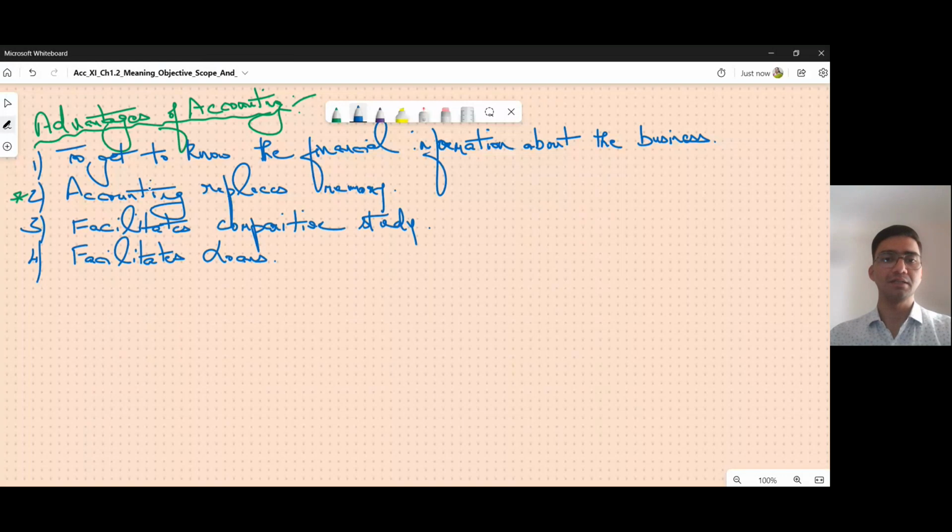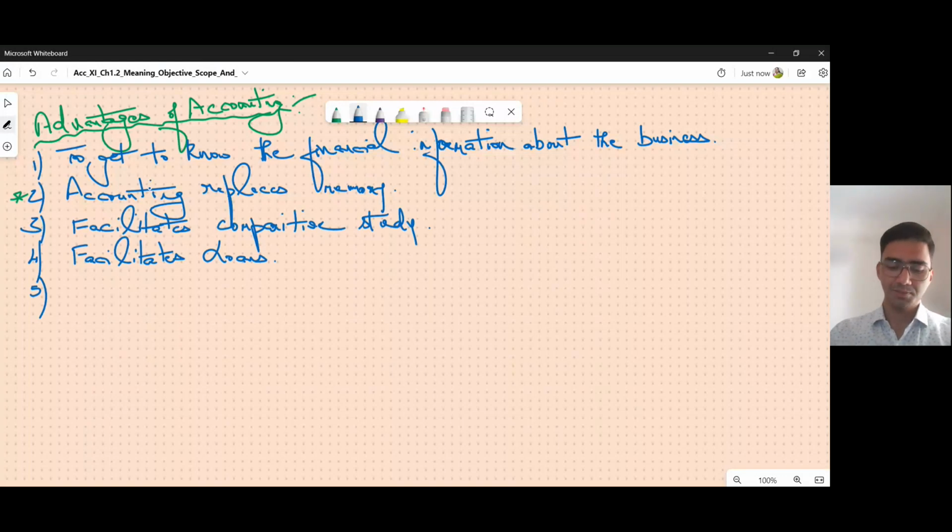Whatever accounts we have maintained, it is acting as a proof. Whatever accounts we maintain, I repeat, act as proof. People believe these, whatever is written down and shown to them in writing. So accounting helps you to get a loan, maybe from a bank, maybe from a financial institution, etc. So the fourth advantage of accounting is that it facilitates loans.